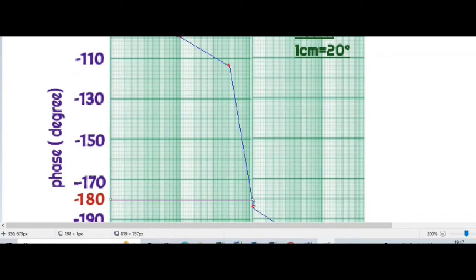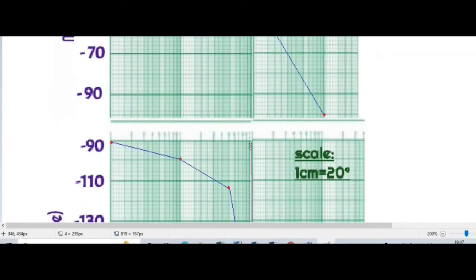Now it cuts at the particular point. Now again from this point we have to draw one vertical line. So in this straight way we have to show here one vertical line.